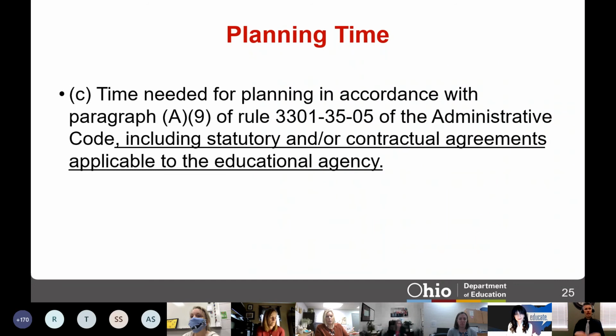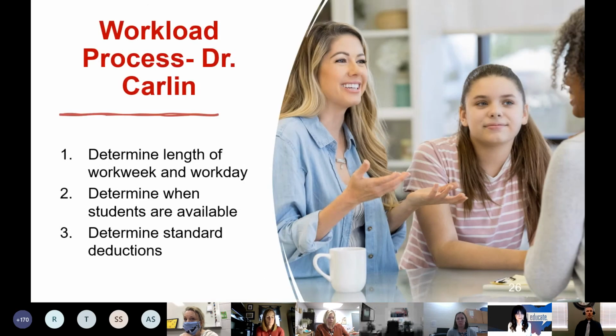And so in making our workload determination, does that service provider have the time specified in the administrative code to plan so that they're able to do things like collect progress monitoring data and develop those lesson plans? I didn't put the slide in here at this point, and I apologize. FAPE, LRE, student progress, planning time.